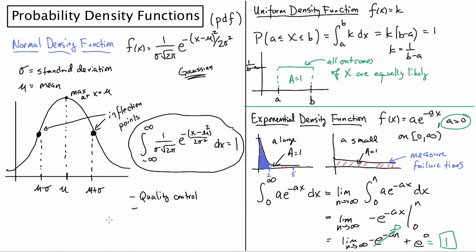Most of the measurements will fall near the average, and then if you measure the same thing over and over and over again, you can't be perfectly precise, and so some things will be higher than the average, some things will be lower than the average, and the chance that you measure really far above the average, or really far below the average, is very unlikely if you're measuring the same thing over and over again. So this is important for quality control because you want to sort of have an interval over which you trust your measurements. It's also important for standardized testing.